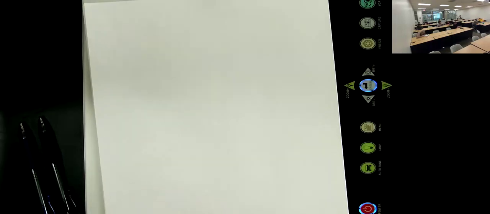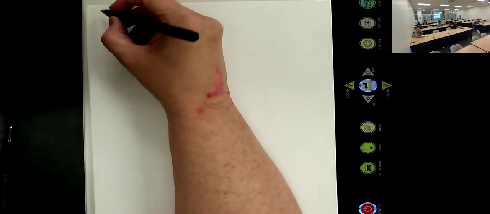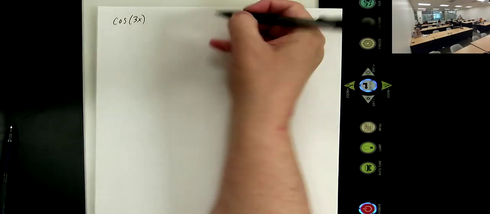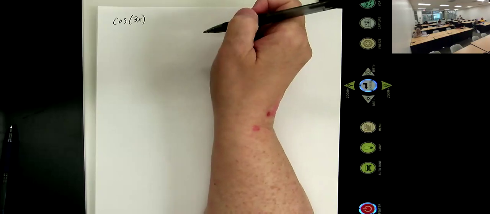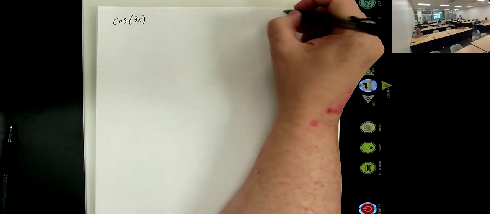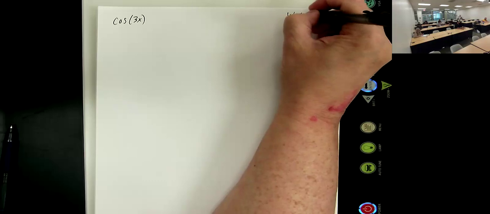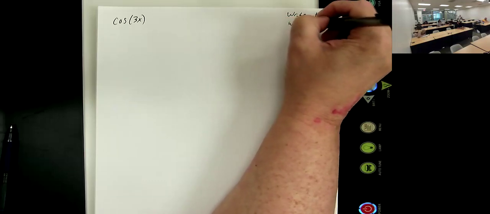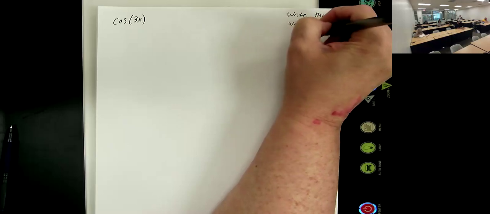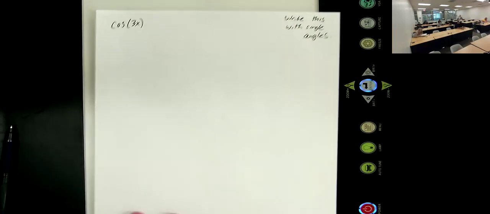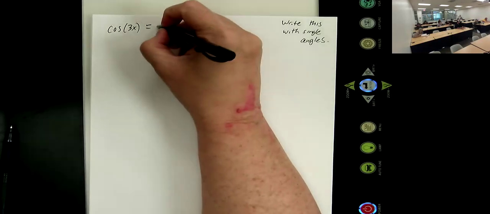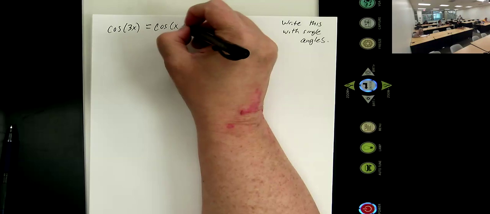Alright. So, cosine 3x. We want to write this as single angles. So we'll start off with cosine of x plus 2x.